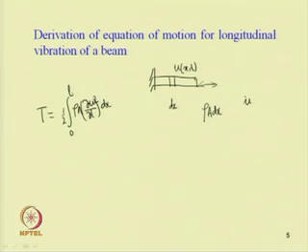Similarly, one can find the potential energy, that is U. The potential energy can be written as half integral from 0 to L of stress into strain into dV, where dV is the volume. This dV can be written as A dx if you are taking a uniform cross section, and the stress can be written in terms of the strain using Young's modulus.